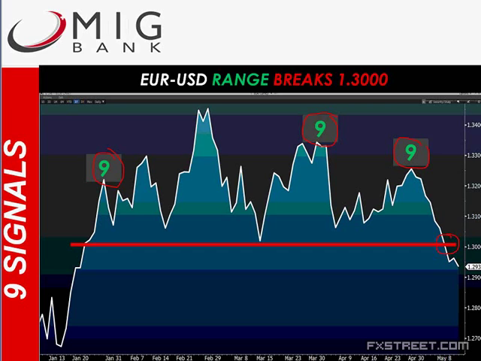My view is that we do get a push much lower into the 2012 low in January, which is around 126.24.